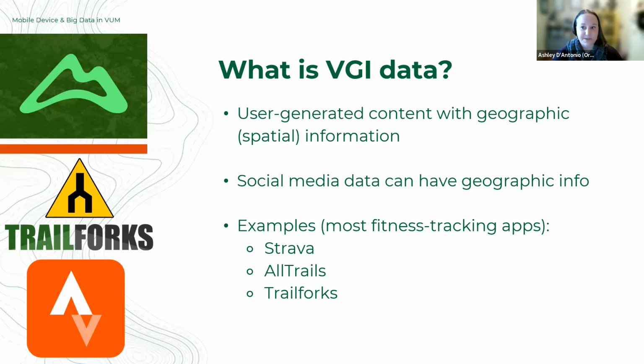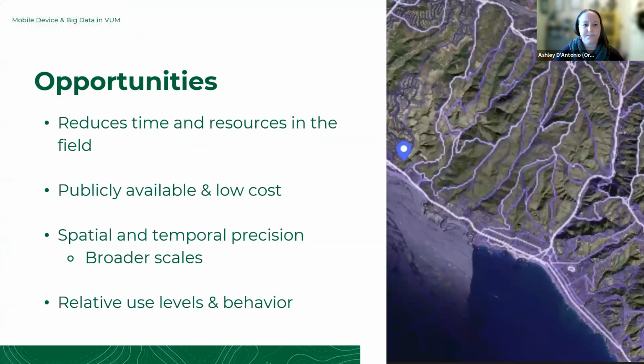So a little bit different than social media data, but some similarities. In terms of opportunities, again, reduced time and resources in the field. It is publicly available and, again, comparatively low cost.